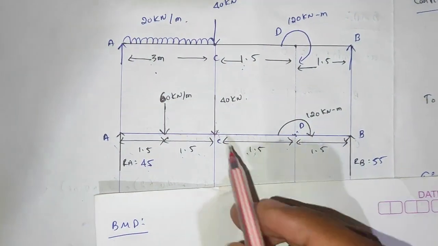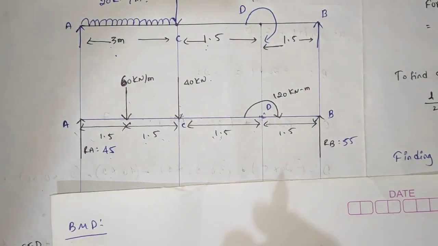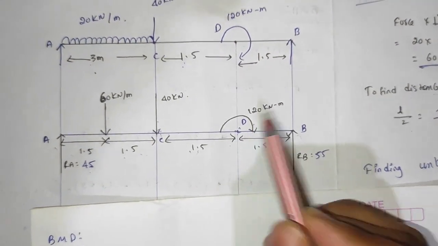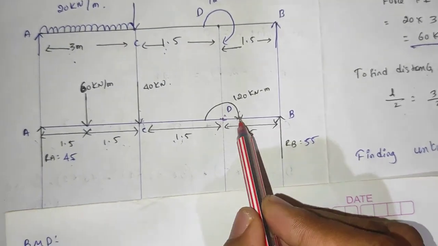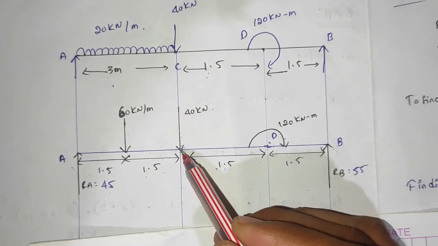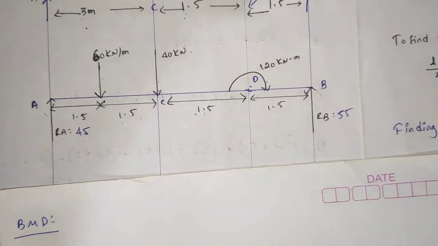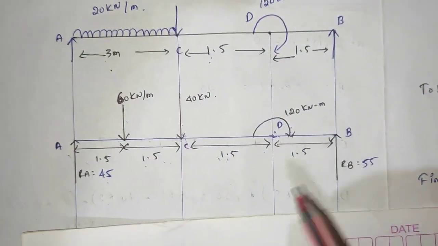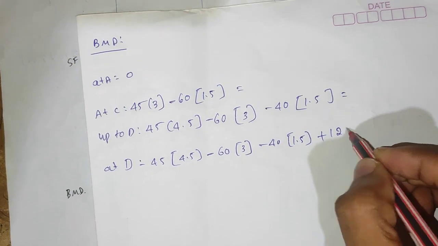Minus 60 is anticlockwise; the distance between these two is 3. We are finding at D now. Only when a moment is given, we consider up to D and at D for the bending moment diagram. Next, this is anticlockwise minus 40 at a distance of 1.5. At D, this is clockwise direction, therefore I have written plus. This is 120. Okay, written 120 directly.